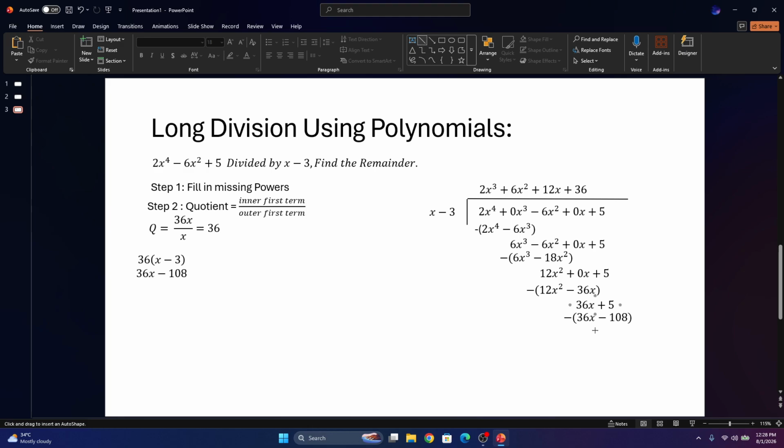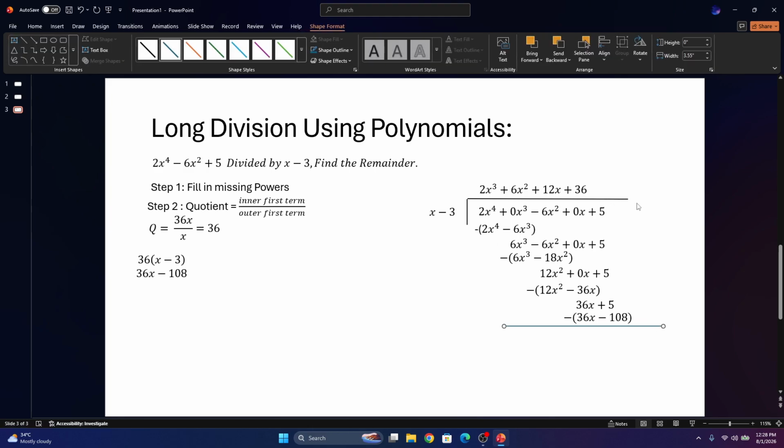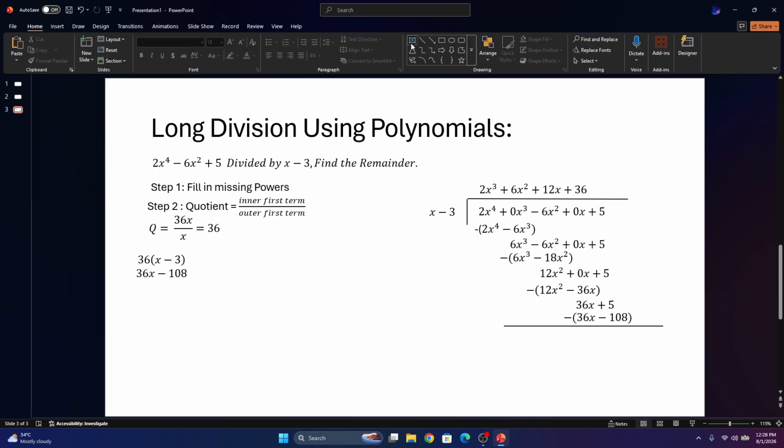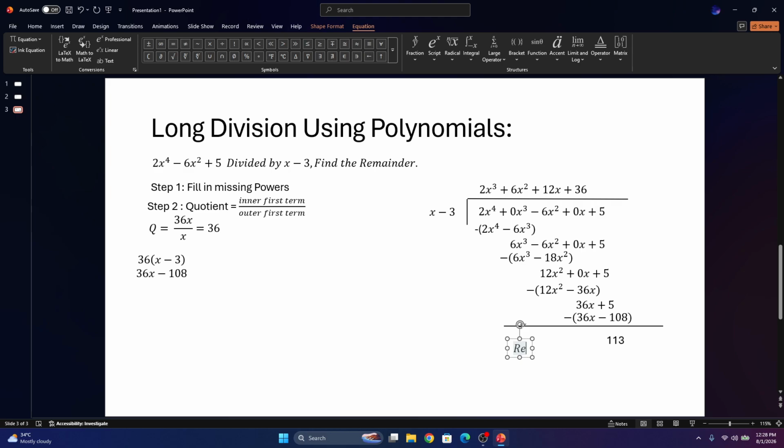So at the end of our division, since there are no variables left and only constants left, when we add 108 to 5, we are just going to get 113. And this right here is our remainder.